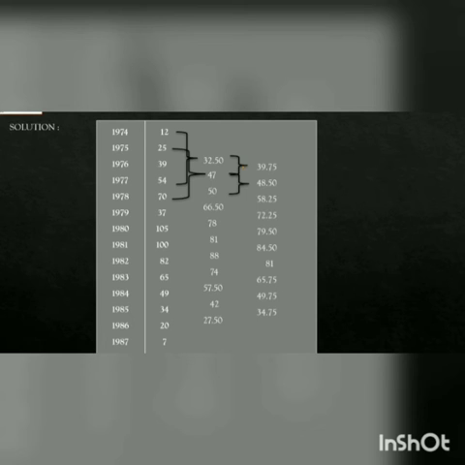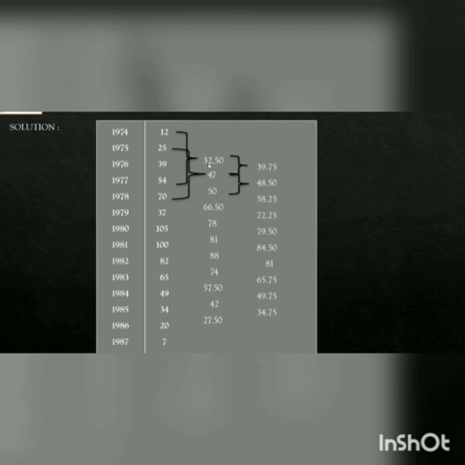We have to continue this process till the last value is calculated and divided. And the next step is to divide the 4 yearly moving average totals by 2 and we get the 4 yearly moving average.